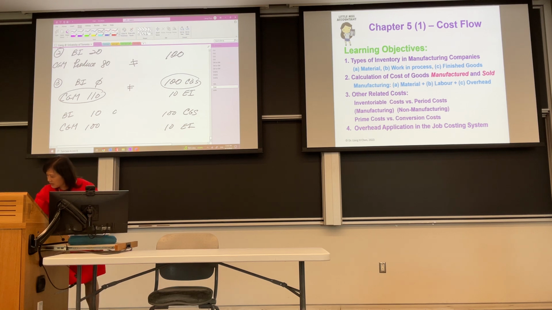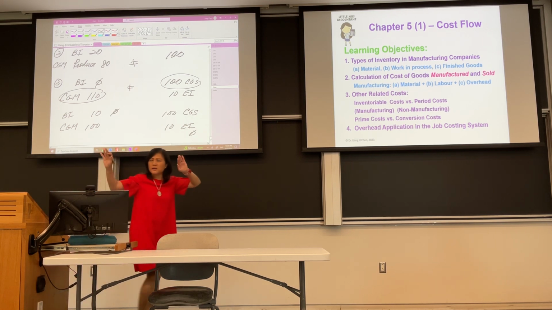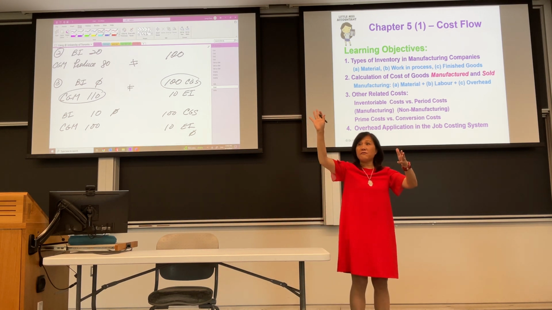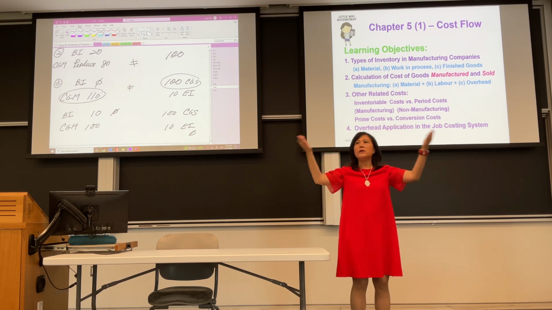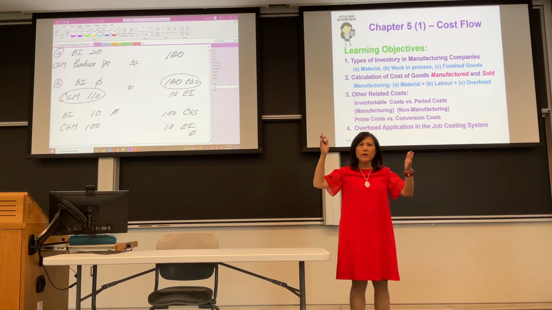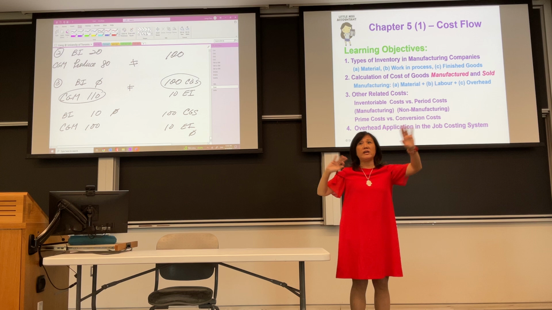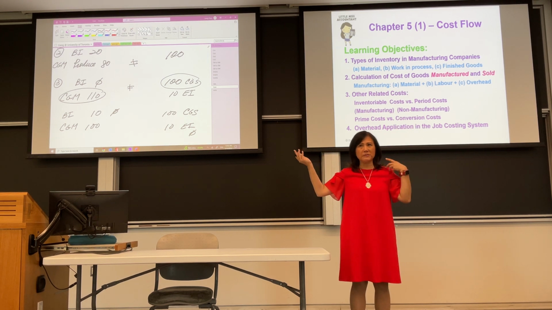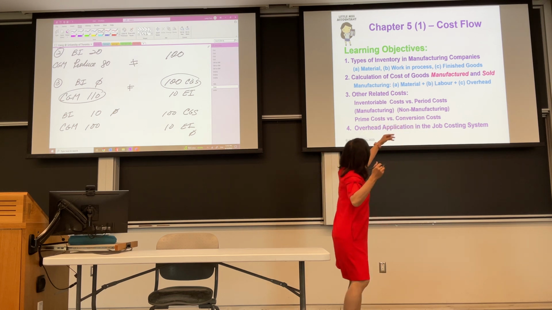So this can be 0, 0, or whatever number you have. As soon as beginning and ending are identical, then how many you have to make and how many you're selling will be the same. However, if the beginning and ending inventory are not the same, then your cost of goods sold and cost of goods manufactured will be different. Okay? So that's what we calculate.